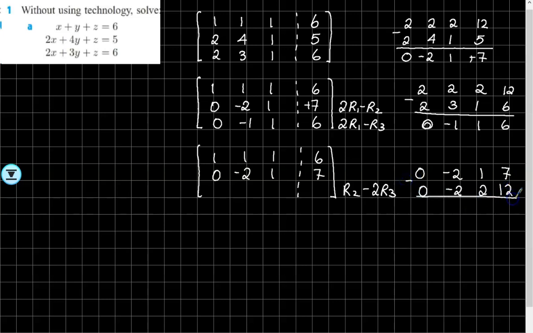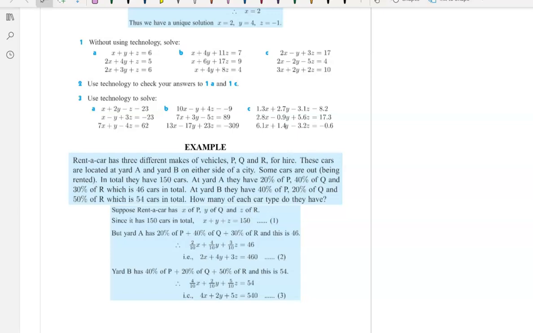And I'm subtracting because a minus take becomes a plus. So you get 0, minus 2 plus 2 is 0. 1 take 2 is minus 1. 7 take 12 is minus 5. So I've got 0, 0, minus 1, minus 5. Correct? I now have minus 1z equals minus 5. Therefore, z equals 5. The reason we're doing these is to try and get practice when a number comes along.